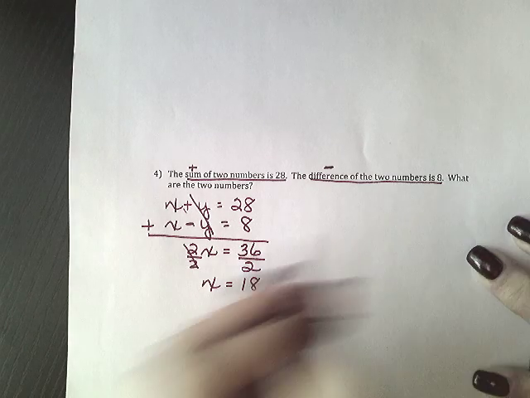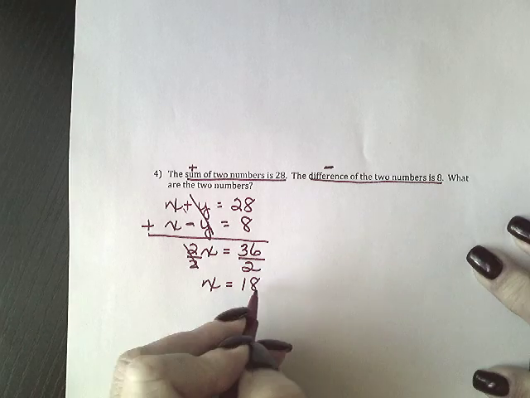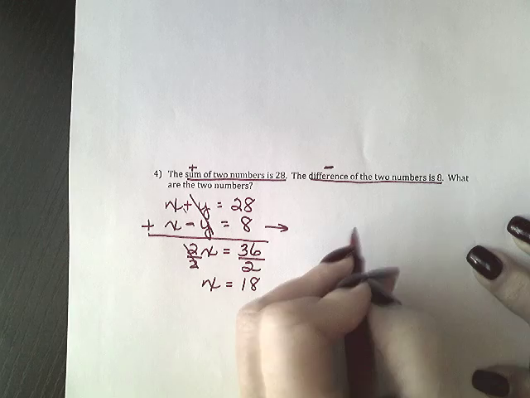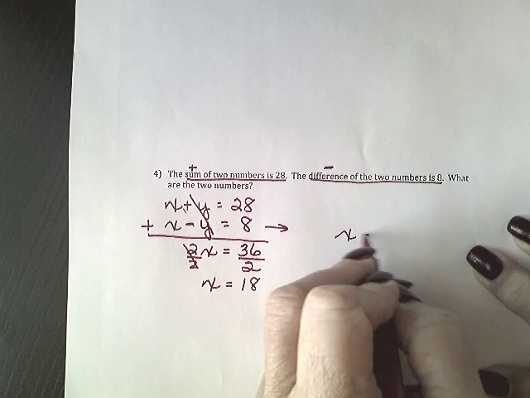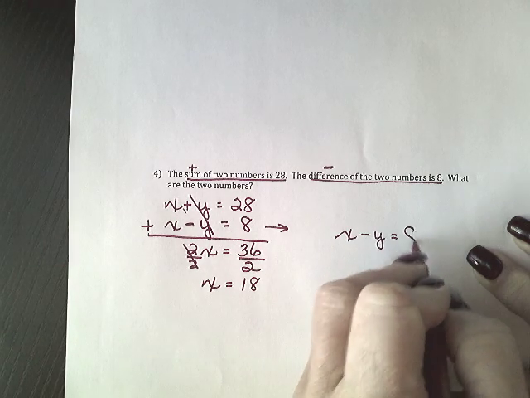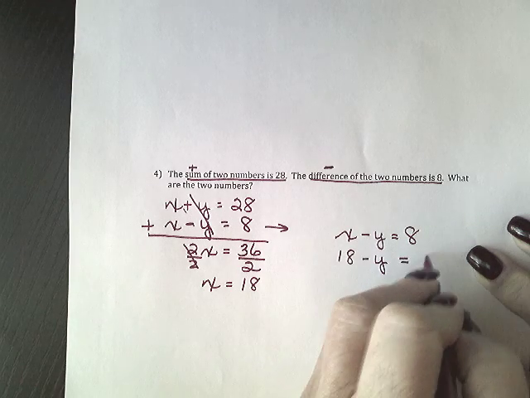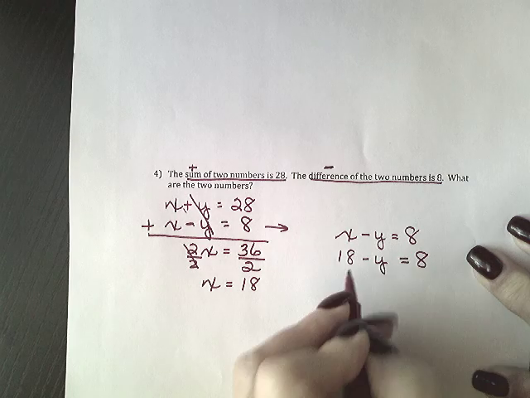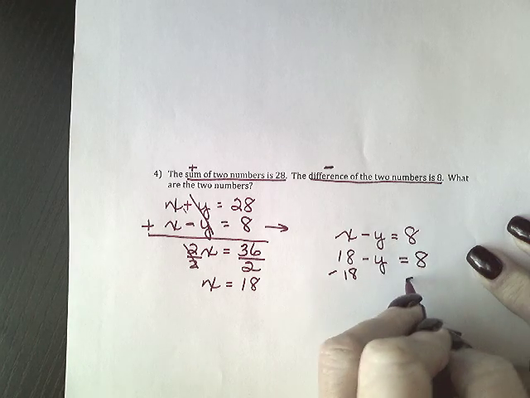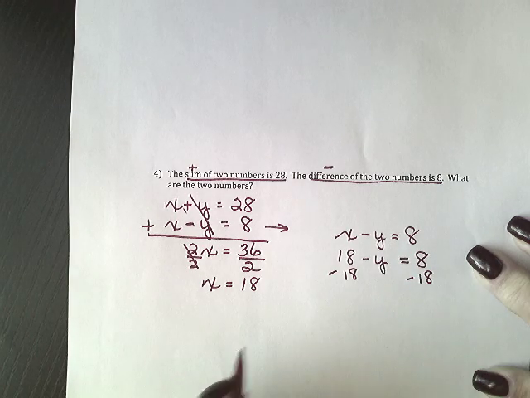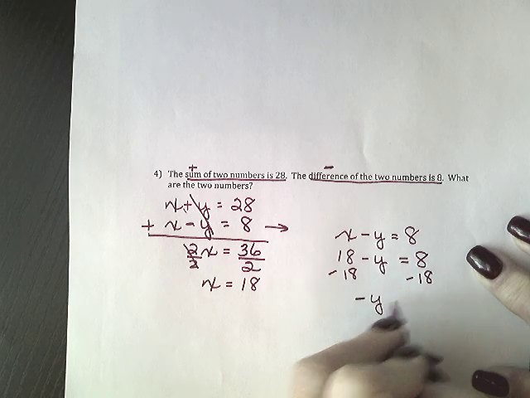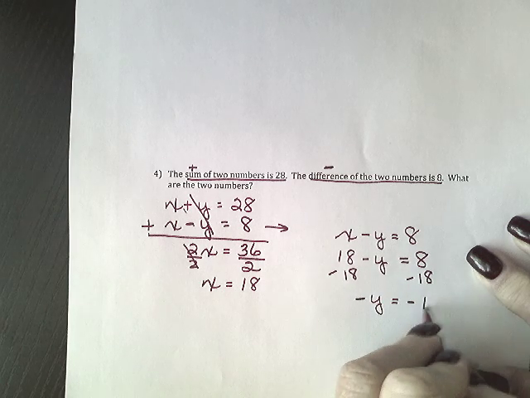Substitute it in, and I would do x is 18, so I'm going to use this equation. So I would say x minus y equals 8. 18 minus y equals 8. I'm going to subtract 18 from both sides, and that's going to give me negative y equals negative 10.